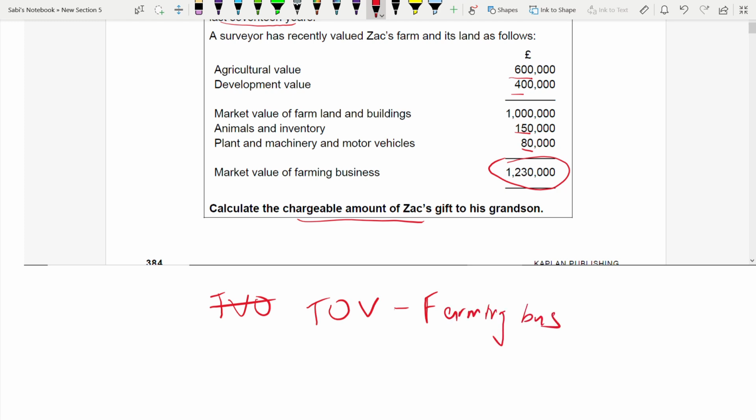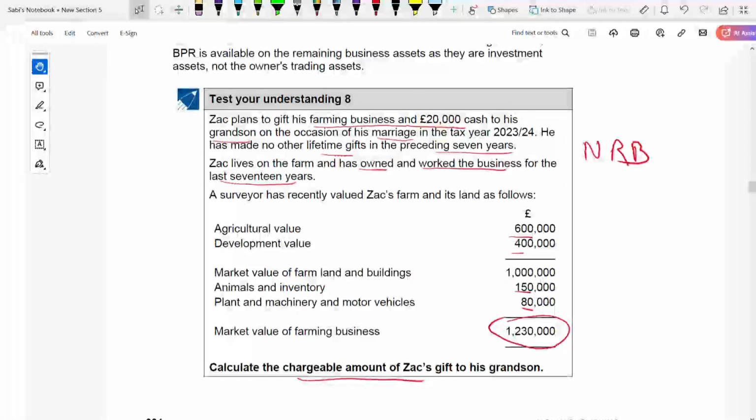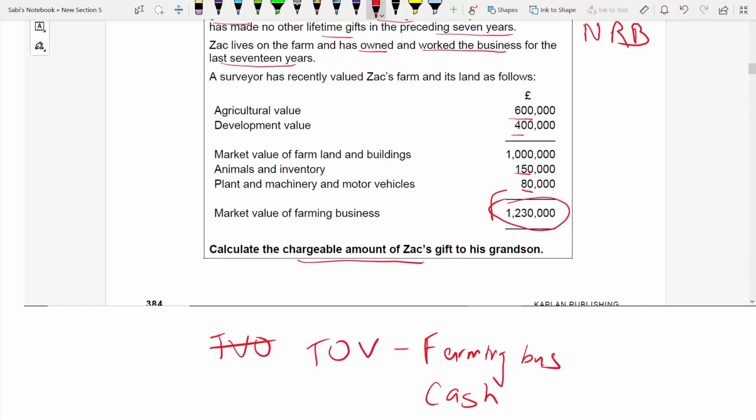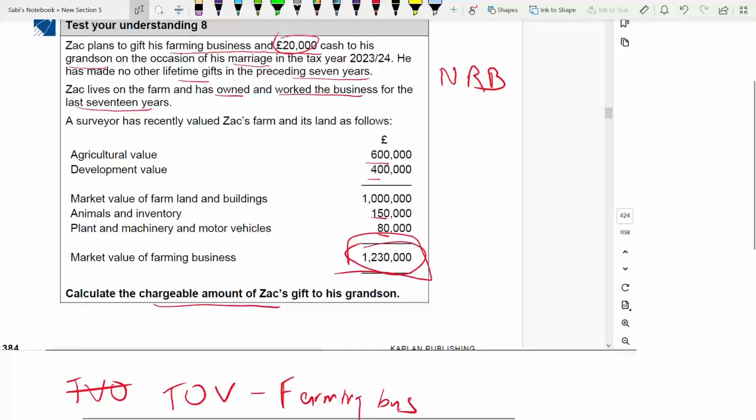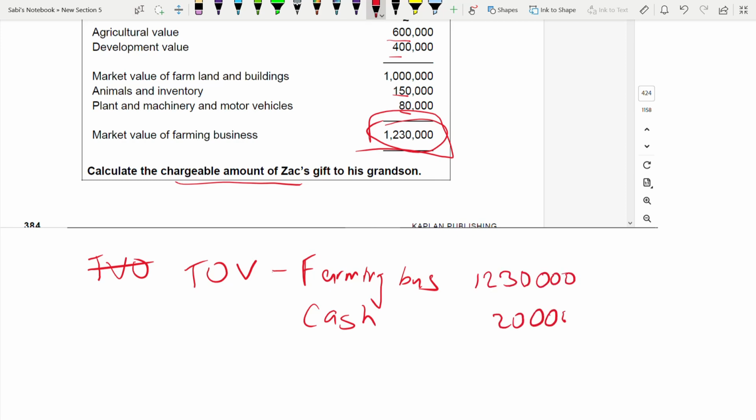So the cash is given here as 20,000 and the farming business is this one. There are two separate amounts we have. So 1,230,000 and 20,000 we add, and it is 1,250,000.